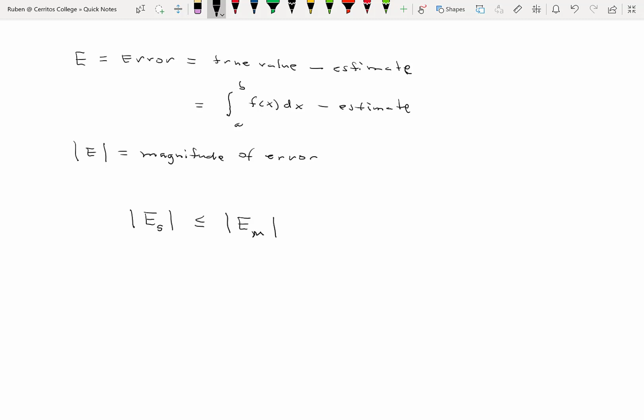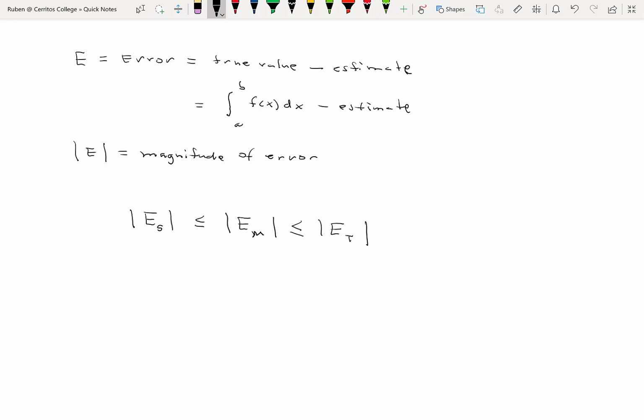Notice that it's not strictly less than, it could possibly be equal to. So there are some functions that when we integrate using midpoint or Simpson's rule, we get the same error. In most cases, it's not true. In most cases, we have the strict inequality. So the magnitude of the error using the midpoint rule is then less than or equal to the magnitude of the error using the trapezoid rule. So here's how we ordered the three magnitudes of error.